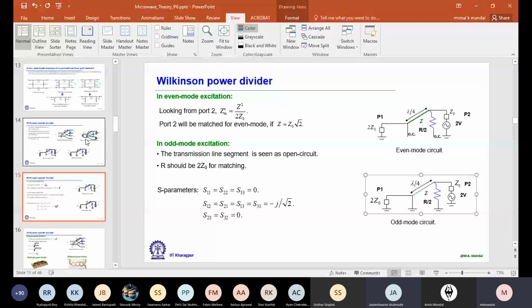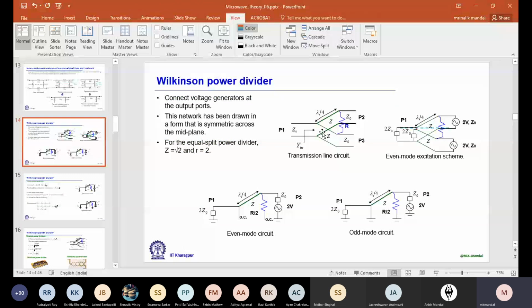Yes, but you see, we are applying this after even odd mode decomposition. That part actually is not covered in your theory. The advantage is that port 2 and port 3 are isolated. This top point and bottom point of the resistor should be at the same voltage.